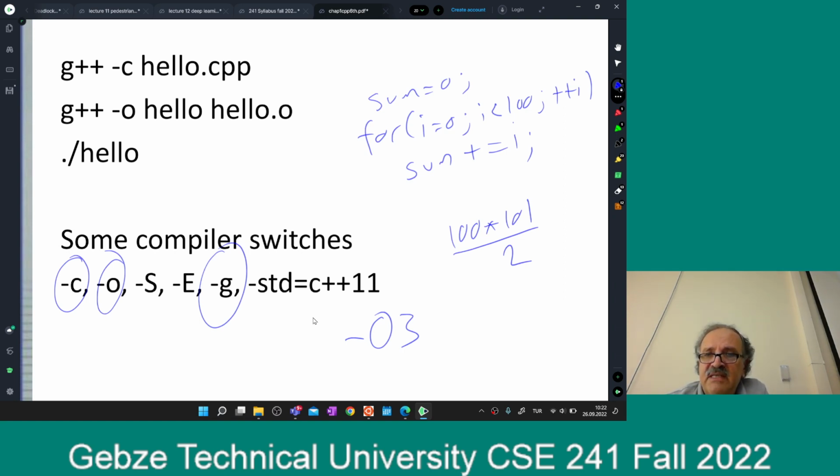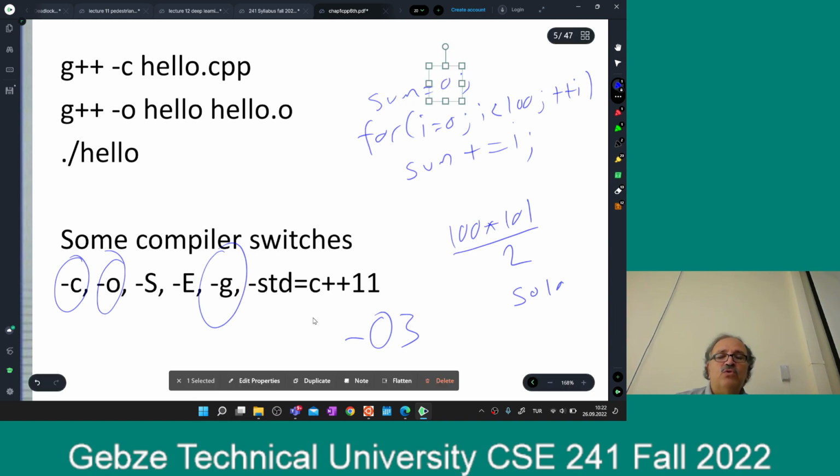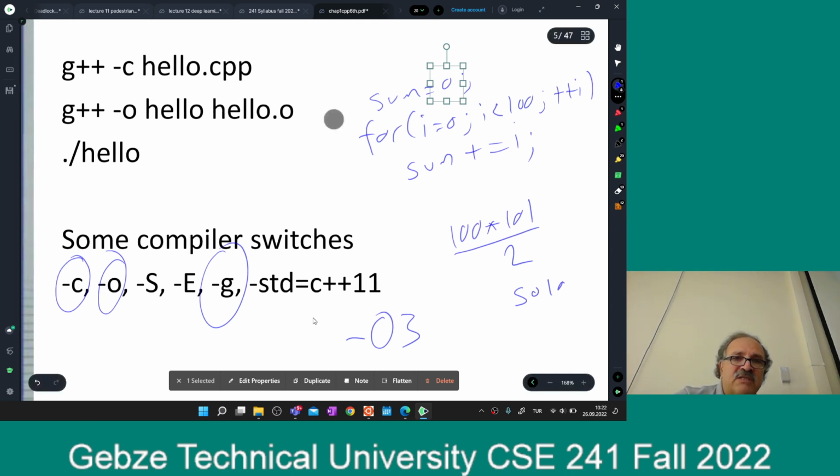What is this? I think this is like 50 times 101, so 5,000 or something. The compiler is smart enough to see that if I run this, sum will be 5,000 something. It executes it at compile time, and it doesn't produce any code to run this. It directly assigns this value to sum.